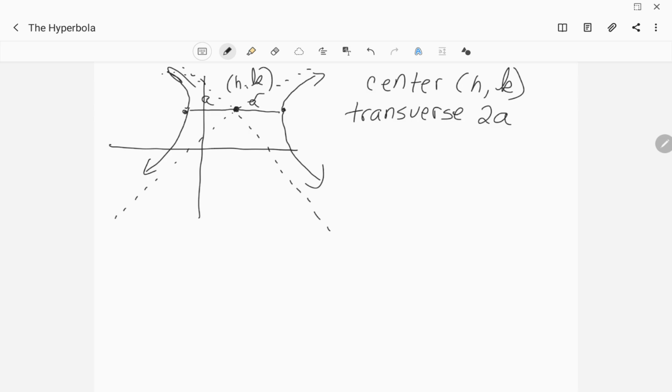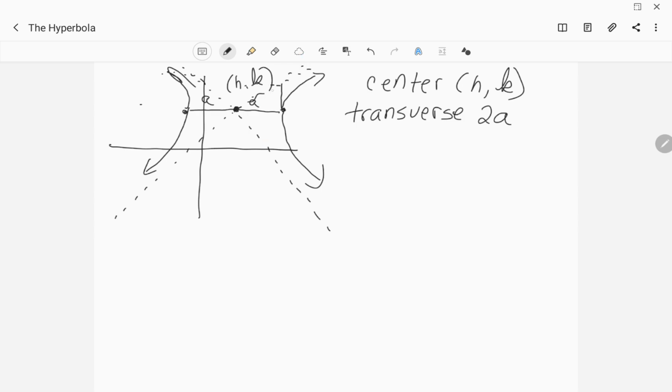Now, how much you go up to go across or down to go across is called your B. It's really kind of hard to see. To me, the easiest way to see it is from the vertex, how many squares or how many spaces do I need to go up or down to get to the asymptote?